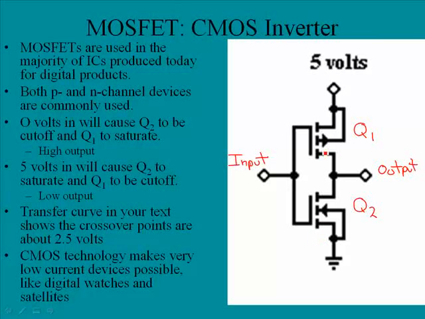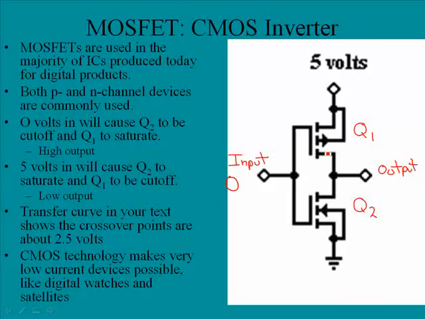And what we'll see, 0 volts in will cause Q2 to be cut off and Q1 to saturate. So we have a 0 volt. If you have 0 volts coming in, Q2 will be cut off and this one will saturate.